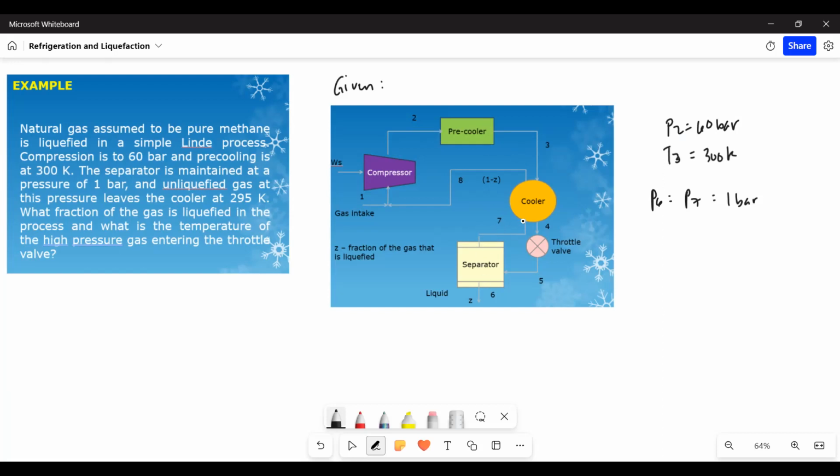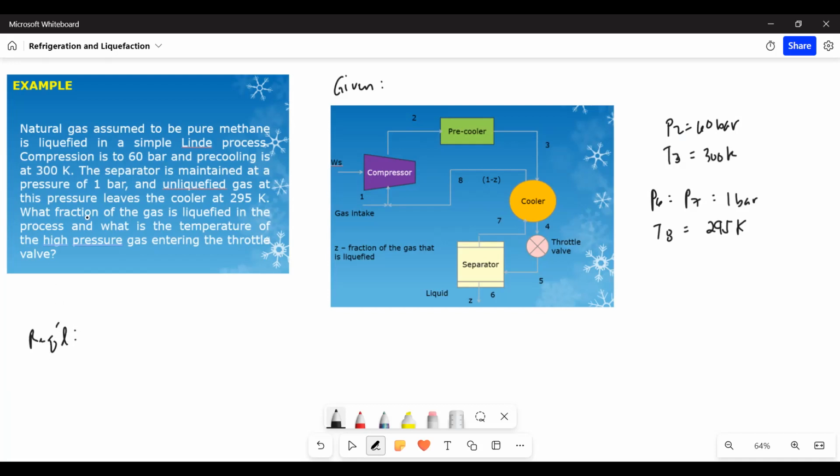Unliquefied gas would refer to the stream leaving the separator, 1 minus Z, the unliquefied fraction. It leaves the cooler at 295, so that means T8 is 295 Kelvin. So that's the given, and then the required.